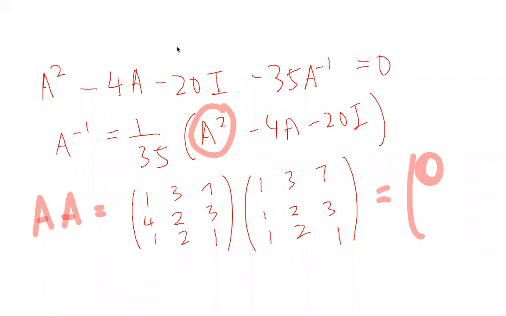And the second element here is the first row times the second column. And the third element is first row, third column, and so forth.